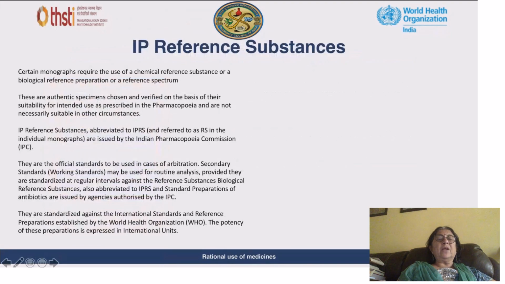Certain monographs require the use of a chemical reference substance or a biological reference.